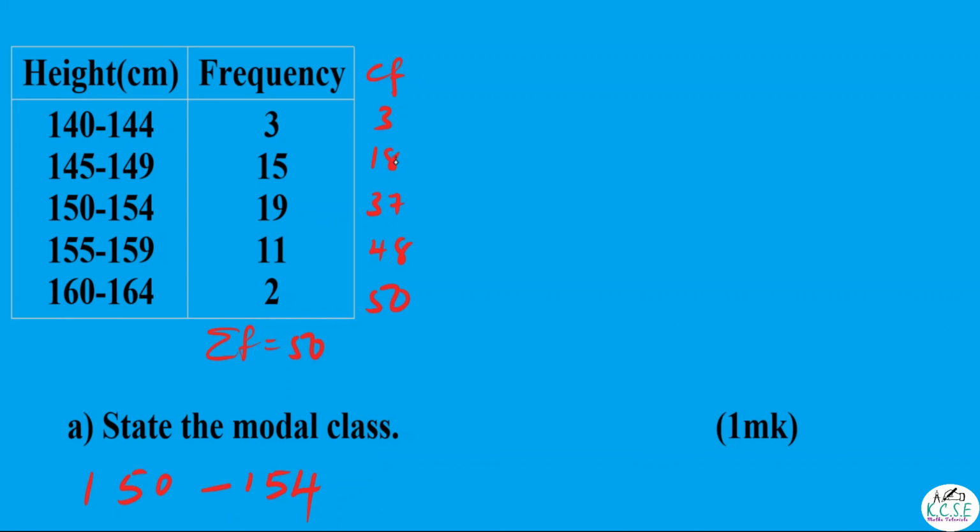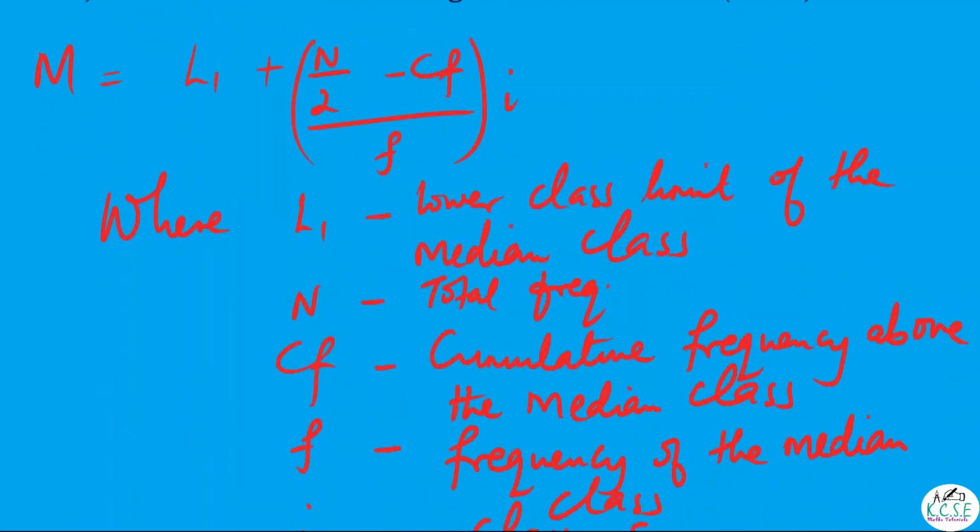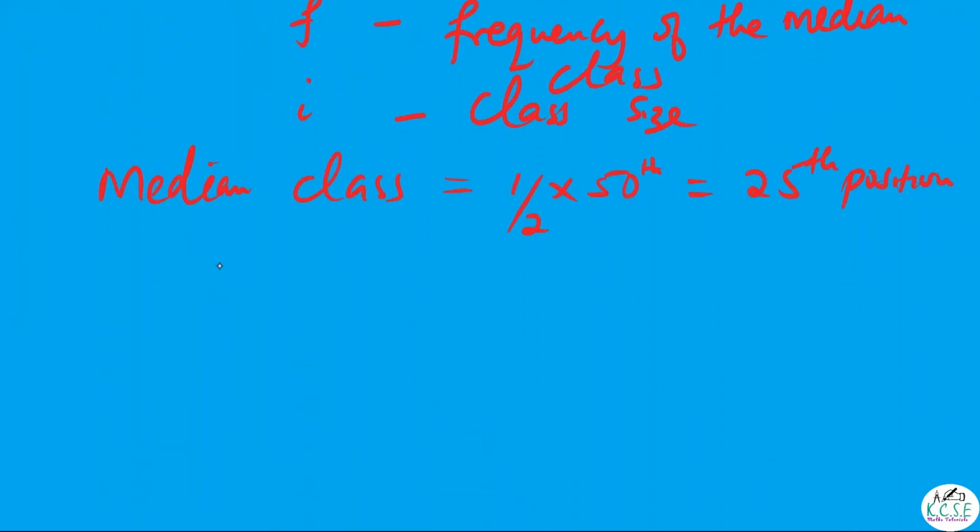We have 3, 18, 37, 48, 50. So the 25th position is somewhere in this class, this class 150 to 154. That is where we'll have the 25th position. So the median class is therefore 150 to 154.